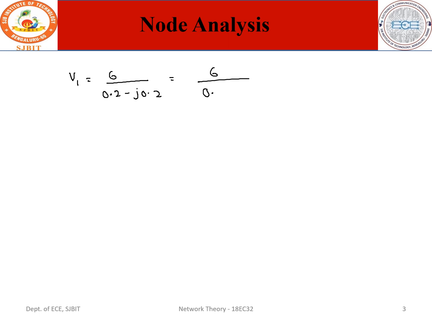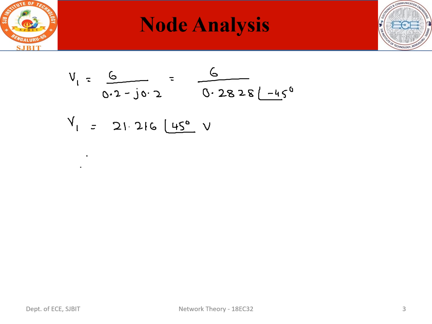This we convert into polar form. The polar form for this is 0.28 at an angle of minus 45 degree. After simplification, we get V1 equal to 21.216 at an angle of 45 degree volt. And it is given that the current flowing through the 2 plus J3 ohm impedance is 0.